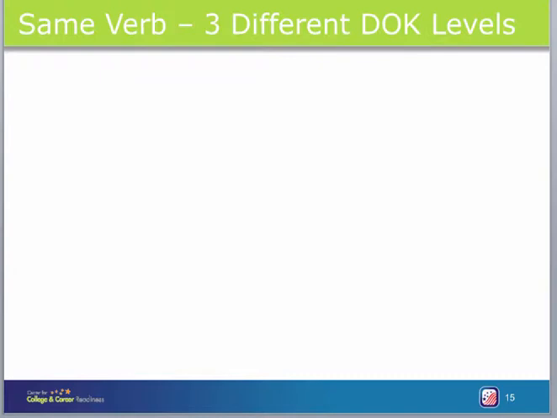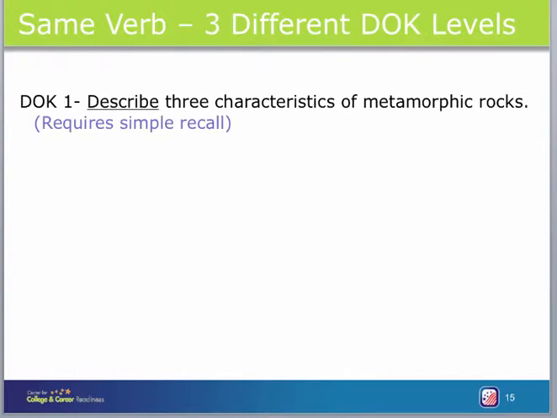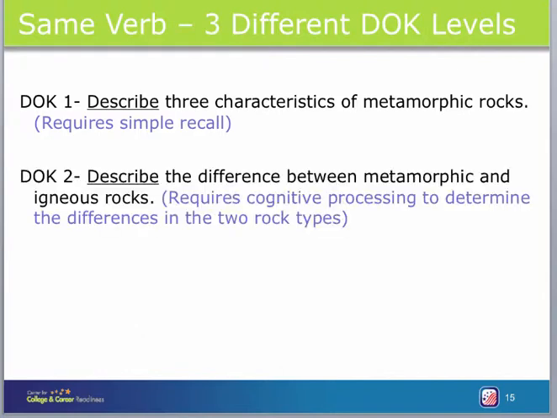So let's take a look at the same verb used 3 different ways to get at 3 different depth of knowledge levels. "Describe 3 characteristics of metamorphic rocks." Okay, simply recalling. To bump it up to level 2, "describe the difference between metamorphic and igneous." Okay, so now we're really thinking about 2 different things, compare and contrast.